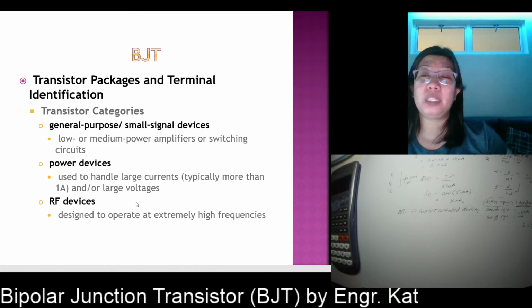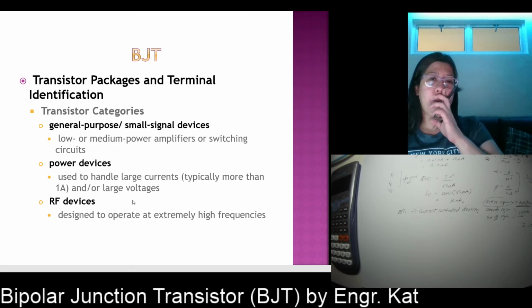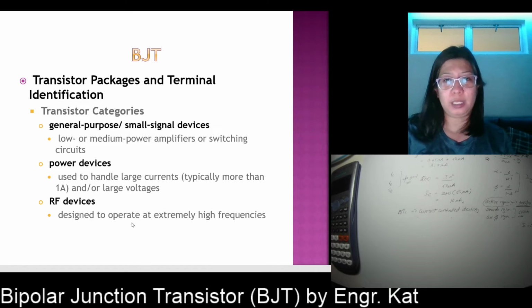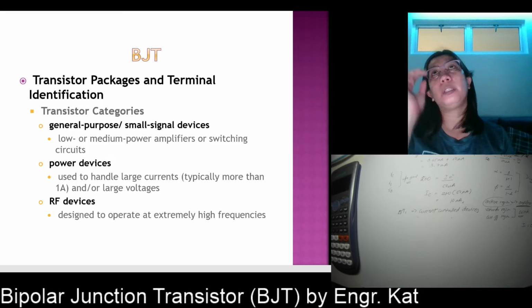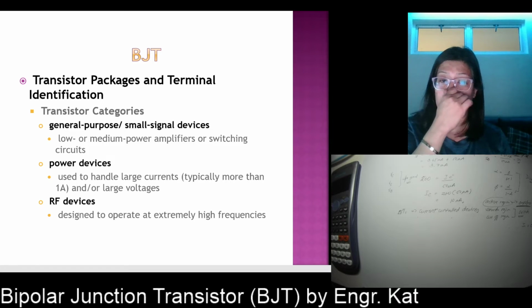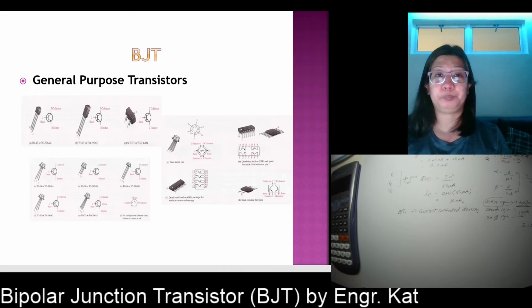So power devices handle 1000 milliamperes or about 1 ampere. And then RF, radio frequency devices, are designed to operate at extremely high frequencies. Since we are using them as amplifiers, frequency is also a factor.